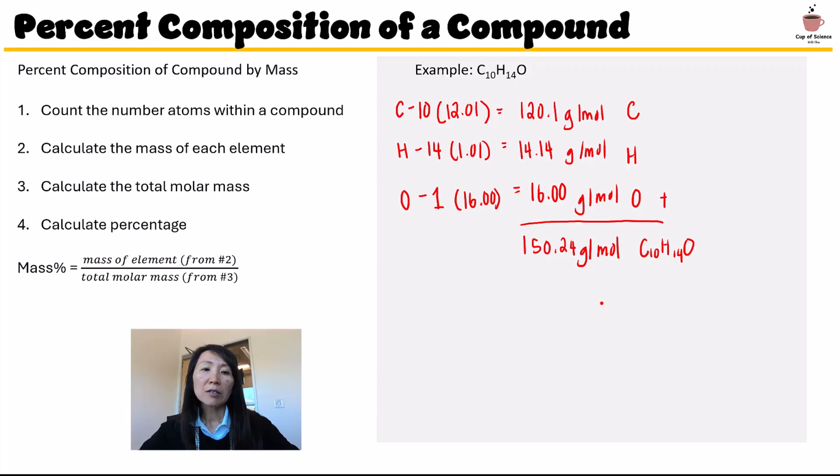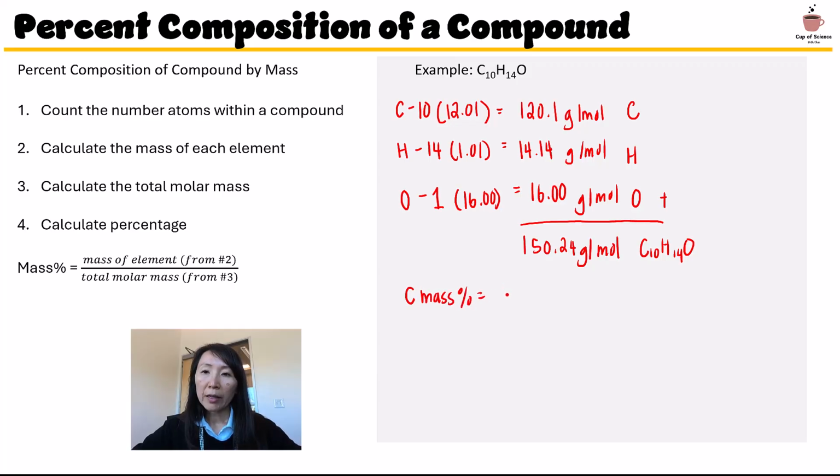Now it asks us to calculate the percentage, and the percentage equation is shown here. Mass percent is equal to the mass of the element, which is from number 2 here, divided by the total molar mass, which is number 3 here. So let's do the mass percent for carbon, for example.